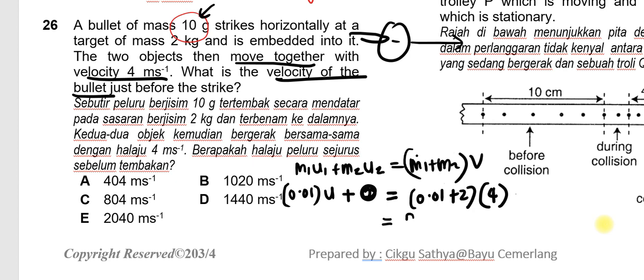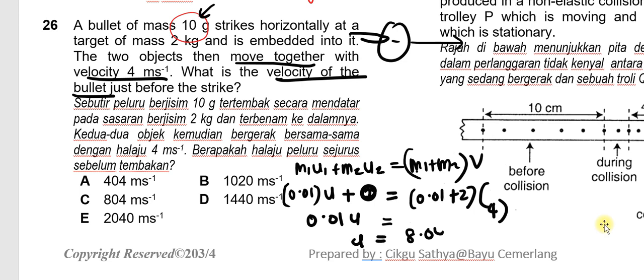So I'm getting 8.04 here, and here 0.01u. So u is equal to how much?